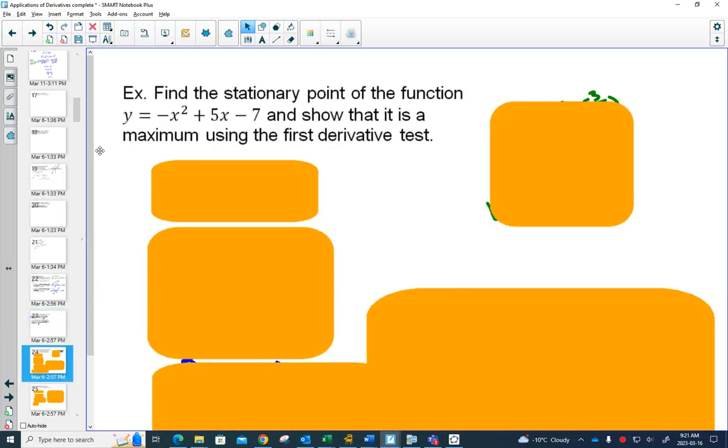Find the stationary point of the function and show that it is a maximum using the first derivative test. So you know this is a parabola that's going down. So you know that it's going to have a maximum. By using the first derivative test, you would find your derivative and then find where your derivative is equal to 0.